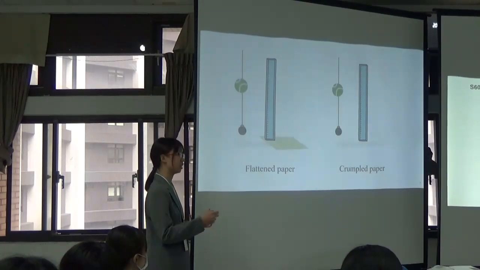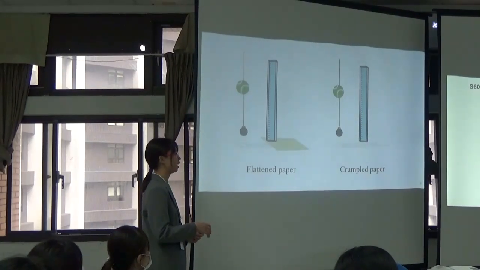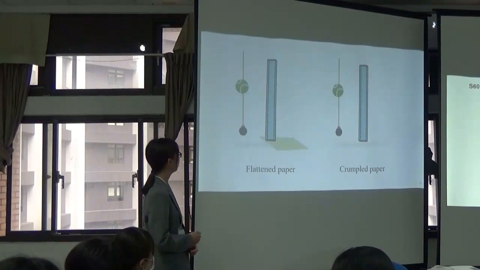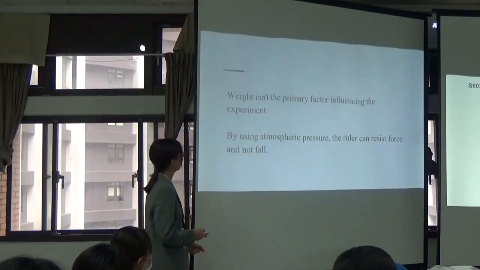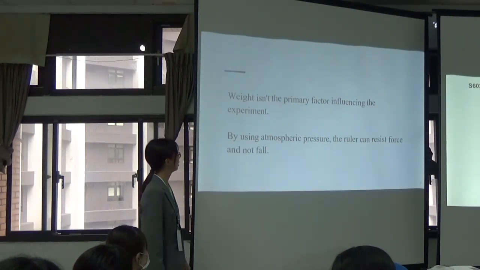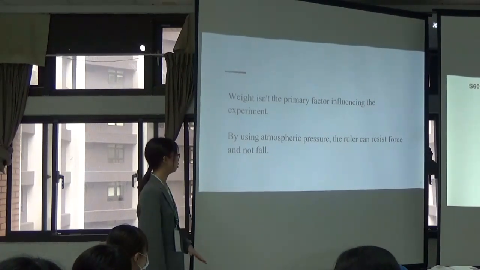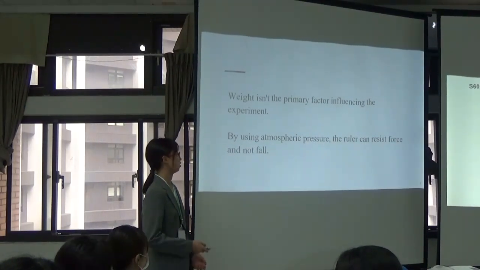So we crumple it and put it. They are the same weight, but they have a different area. From the experiment, we can see that the flattened paper can resist more force. So we can tell that weight isn't the primary factor that influences our experiment. We're using atmospheric pressure, so the ruler can resist more force.